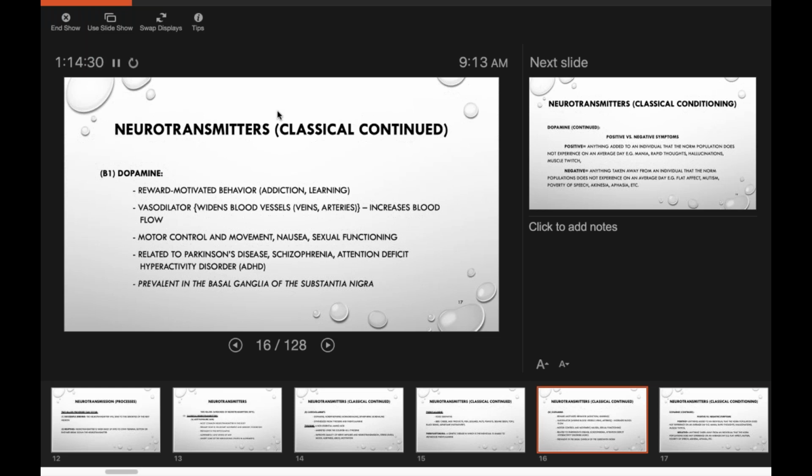So a stimulant, which we'll talk about later in more detail, like your amphetamines and your methylphenidates, so Ritalin, Adderall, Concerta, all of those are called dopamine reuptake inhibitors.